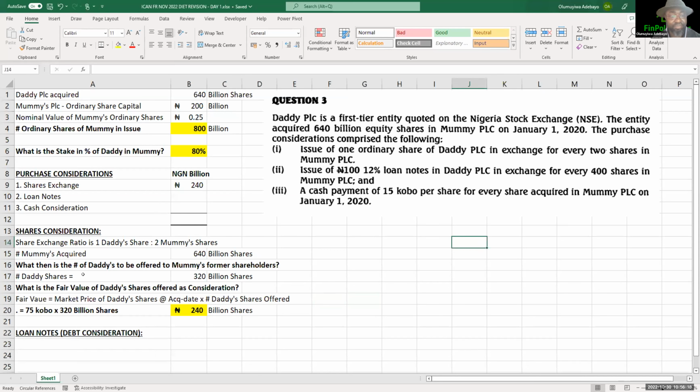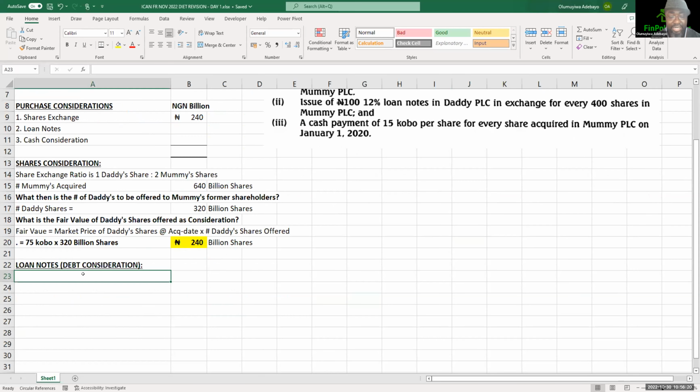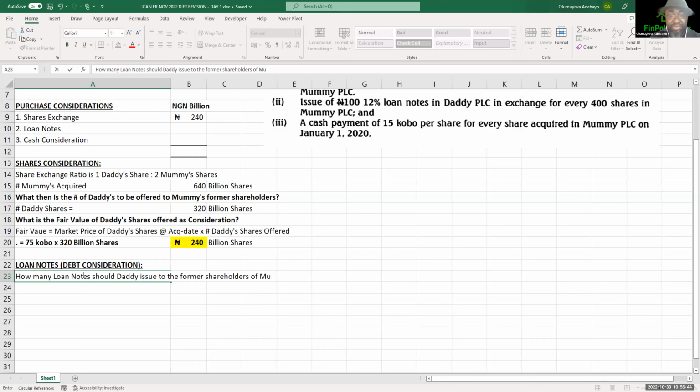What does that mean? We'll go back and ask ourselves, how many loan notes should Daddy issue to the former shareholders of Mommy?